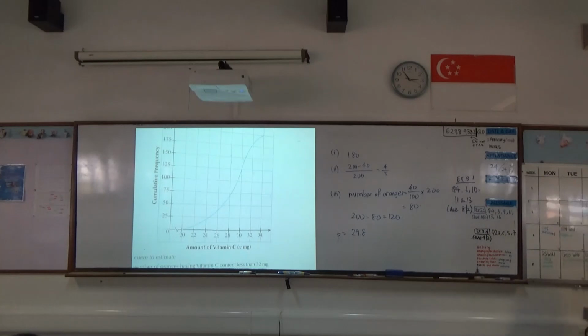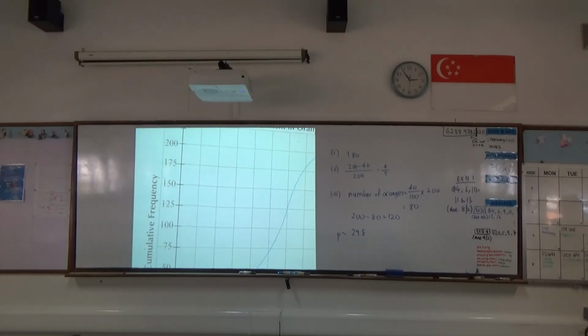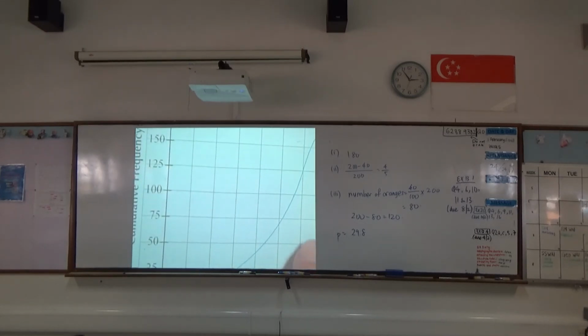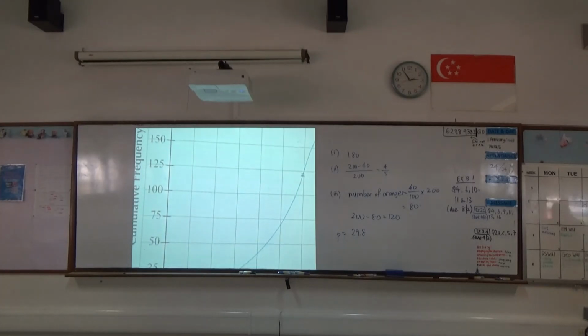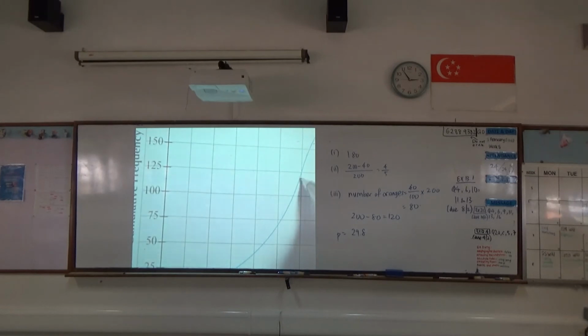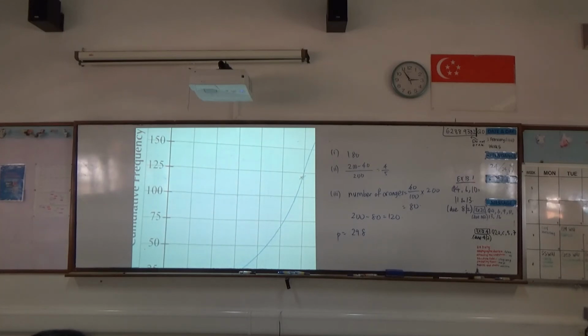And at 120, we would be getting this value here, right? 120 is at this point. Am I right? 120 is about here. Correct? So therefore you get about 29.8. Yes, that's fine. 2 divided by 10.